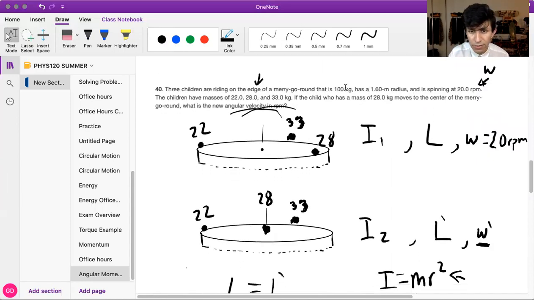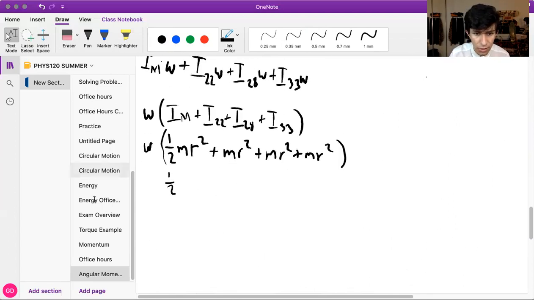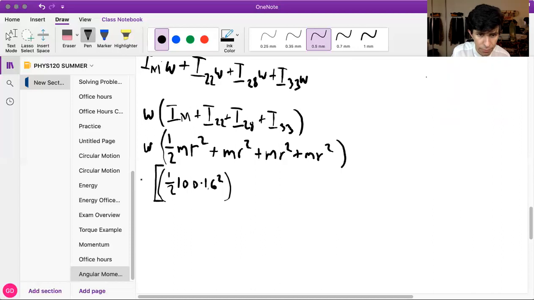So the merry-go-round is 100 kilograms and the radius is 1.6. That's how you determine the radius for the merry-go-round, however long it spans. So 100 kilograms times 1.6 squared. All of that's multiplied. Don't forget, I'm going to make bigger brackets because you have omega here.